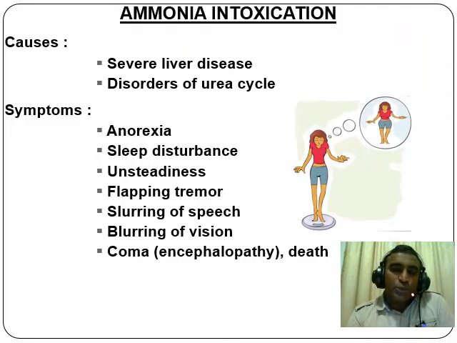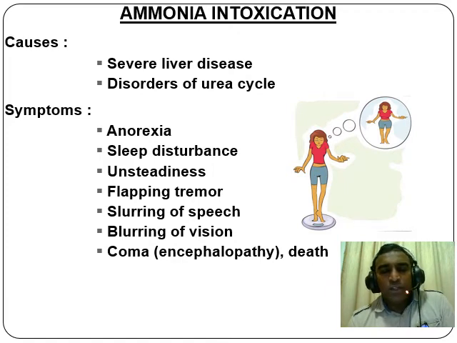Here are shown the symptoms of ammonia intoxication, as well as what causes it. In terms of the cause, it is definitely failure of the important organ relevant for the urea cycle, the liver.